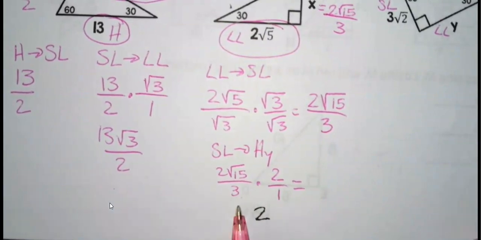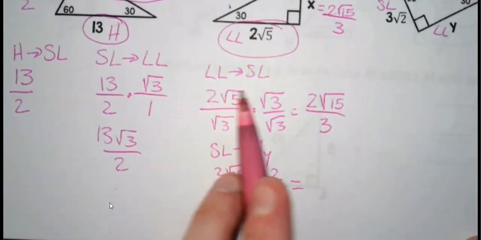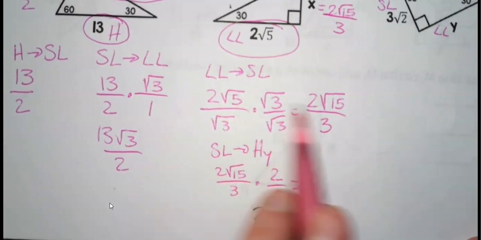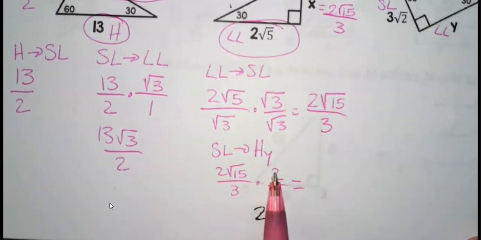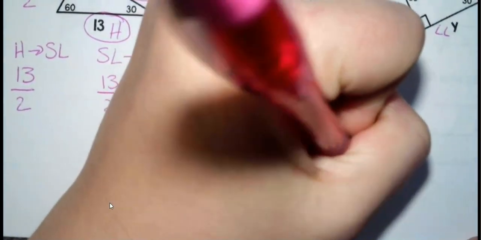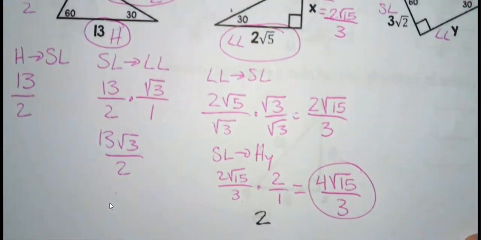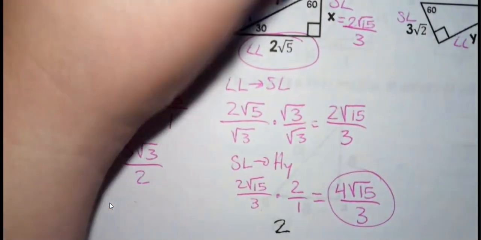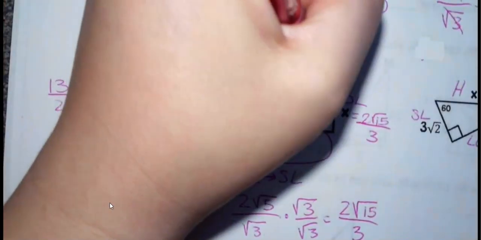You don't accidentally multiply the 3. See how here we multiplied these two because they matched? Well, same thing here. The 15 does not match the 2. It's not under the square root. So the 2 and the 2 outside get multiplied. The 15 doesn't get touched. And the 3 stays right there. And so that ends up going here, 4 square root 15 over 3.